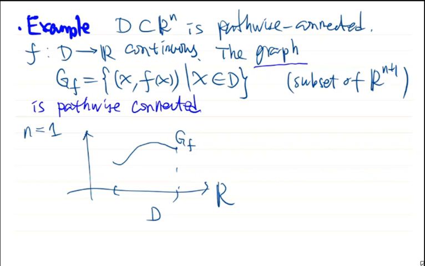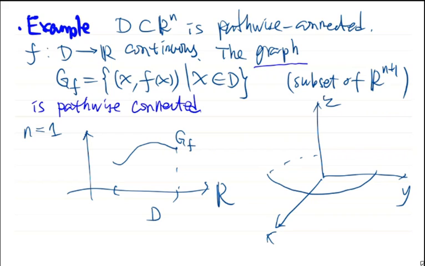Similarly, for the two-dimensional case, this is x, y, z, and our D can be a unit disk in the xy plane, and the graph of this two-variable function is a surface in R^3, in three-dimensional space.